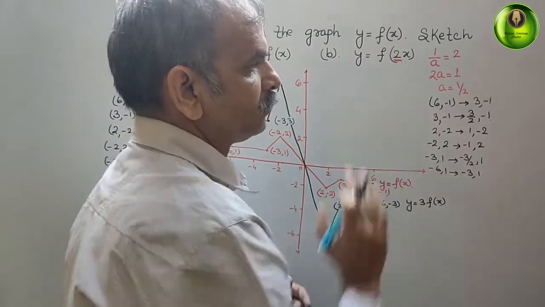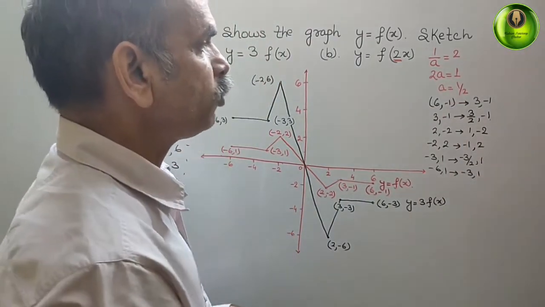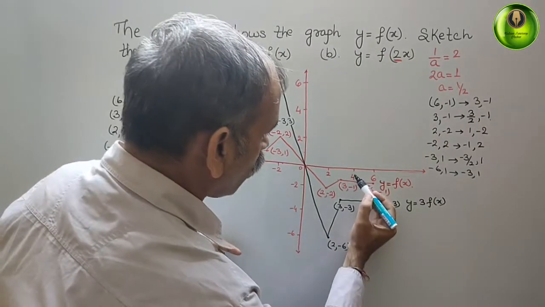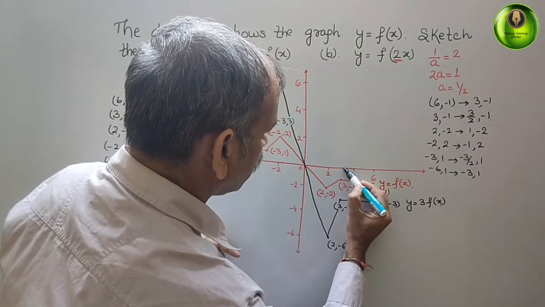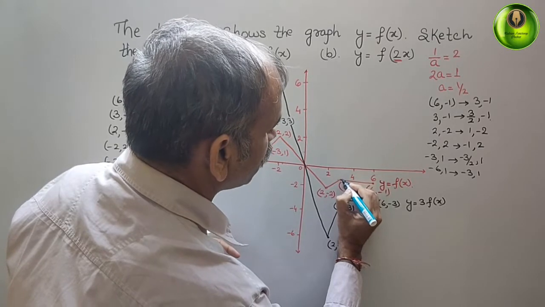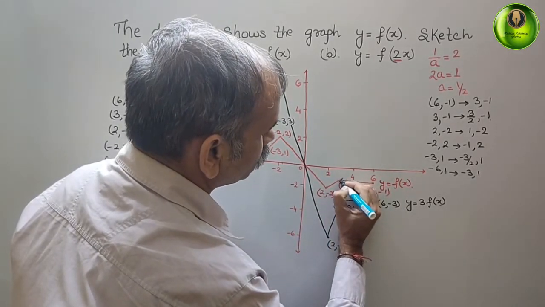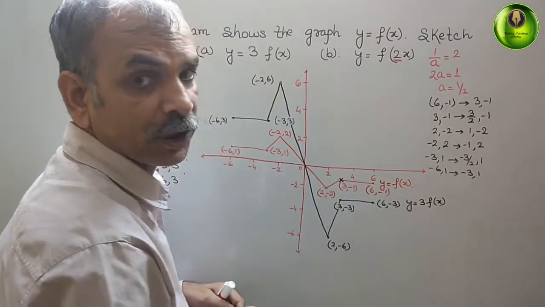Now we will draw this. You can see 3 comma minus 1. Where is it? 3 is here and minus 1 is here. That means it will be here only. Same point, original.